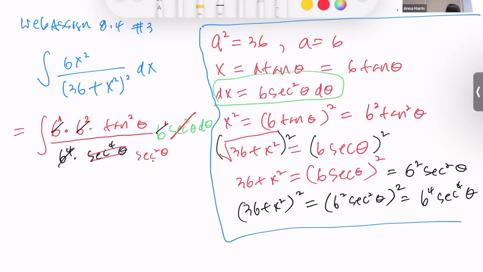Do you see it? You have 1, 2, 3, 4 sixes in the numerator. Look at the denominator. How many 6 do you have? 4 of them. So the 4 sixes in the denominator and the 4 sixes in the numerator can cancel out. So in fact, your numbers all cancel out. You only have about 1. All right, now let's simplify it. Tangent squared theta divided by what? Secant squared theta d theta. So now what do I do?